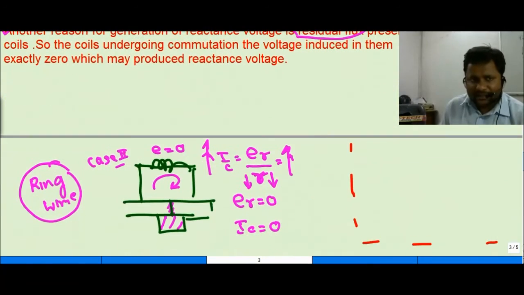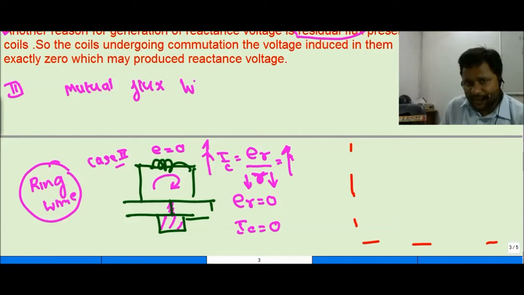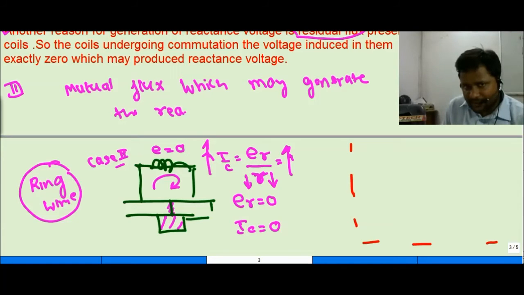The third reason is the mutual flux. It is also possible that a mutual flux may generate a reactance voltage in the conductor.